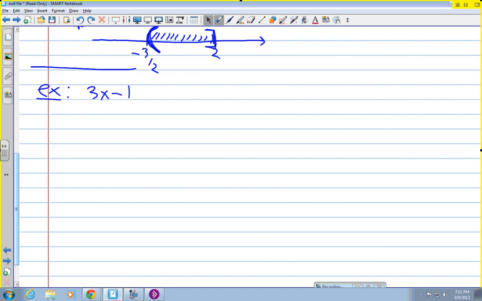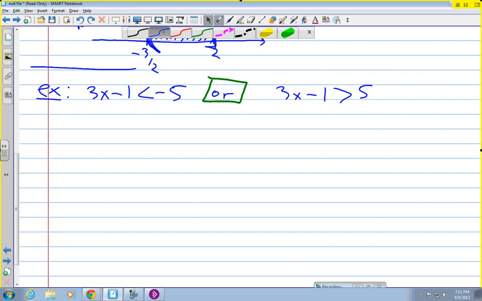3x minus 1 is less than negative 5, or 3x minus 1 is greater than positive 5. Which looks like two separate inequalities, but they are glued together by a magic word: or. And when we hear the magic word or, we think about what?